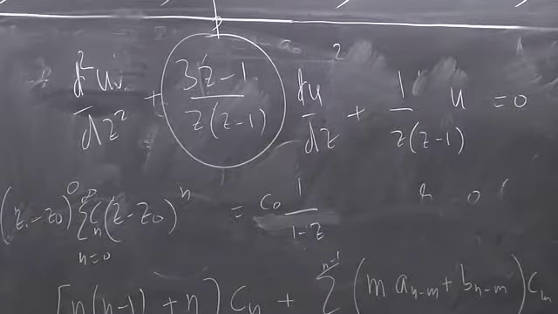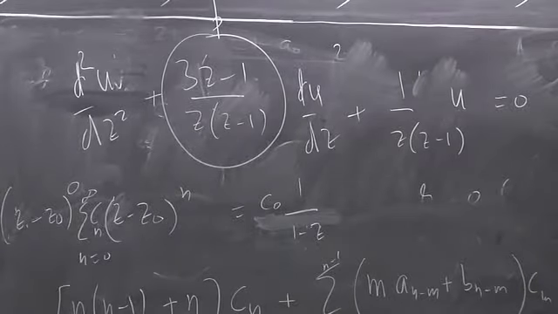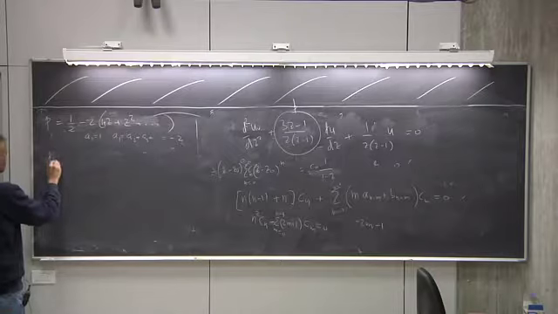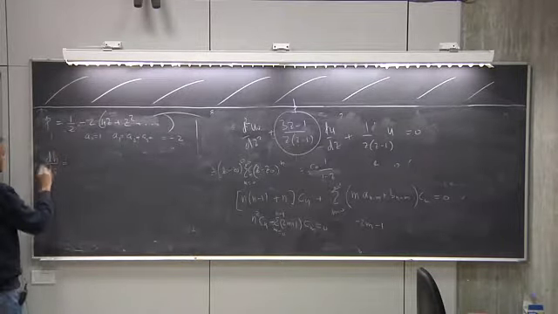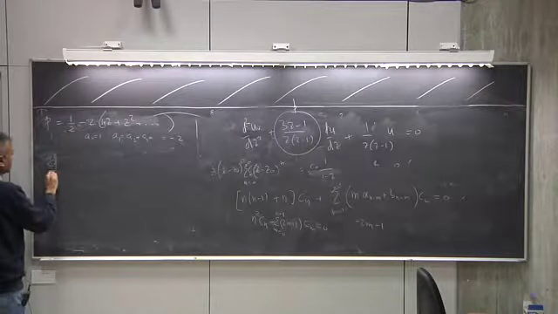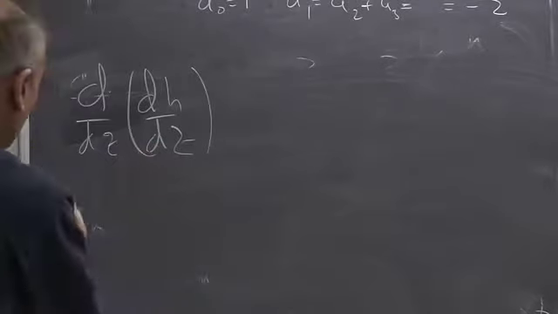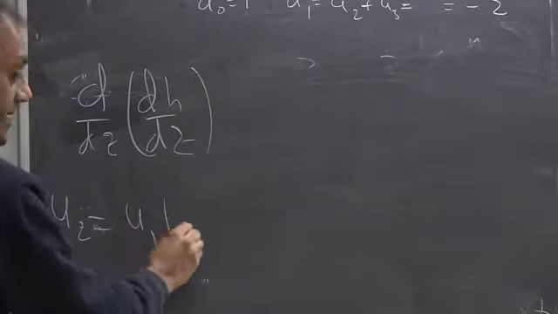So for the second solution, we had, first of all, dh by dz. The equation was d by dz of dh by dz. This is the method of variation. We write u2 is equal to u1 times h, right?